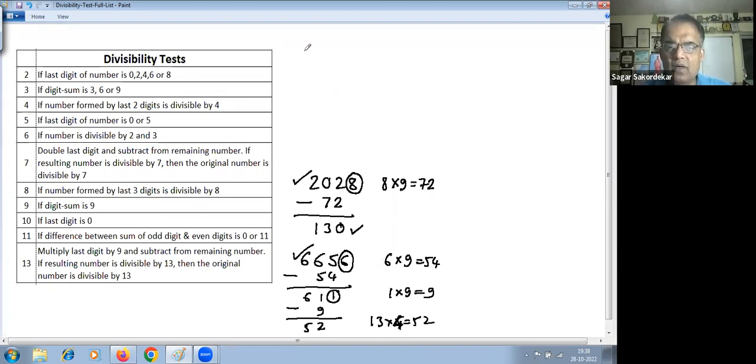Isra has asked one doubt. Let's try that. All of you try this and tell me whether it is divisible by 13. This was the doubt asked by Isra. Thank you, Isra, for asking the doubt. 169. Check whether it satisfies the rule that is told here, or what we have just tried.